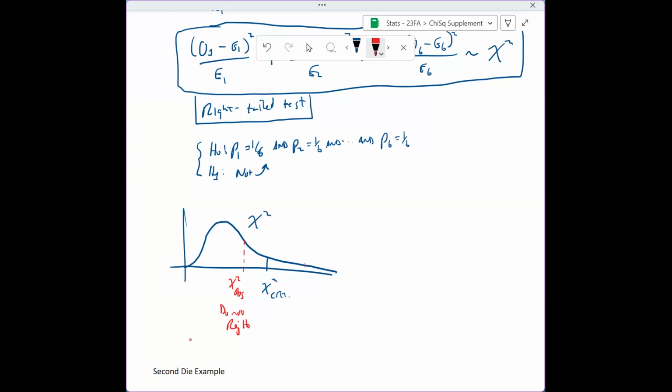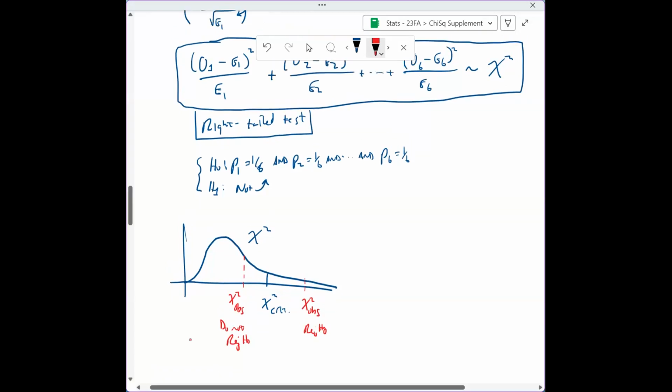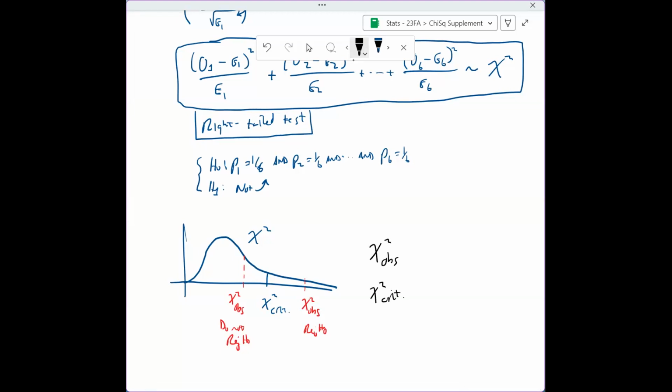On the other hand, if chi-squared observed is to the right of chi-squared critical, we would reject H0 in favor of H1, and we would conclude the die is unfair. Okay, so then what is chi-squared observed? And what is chi-squared critical?